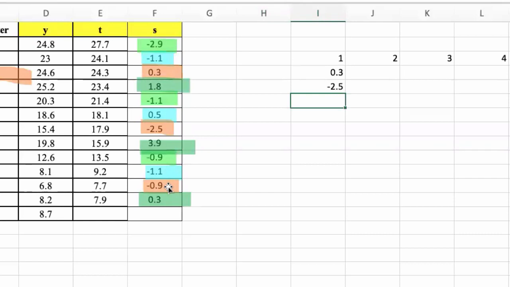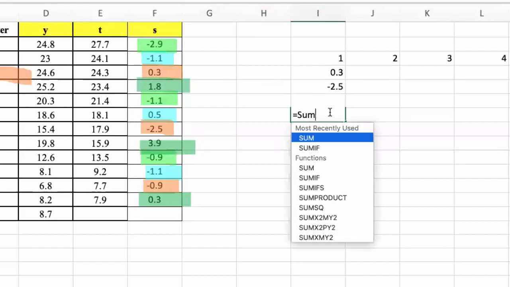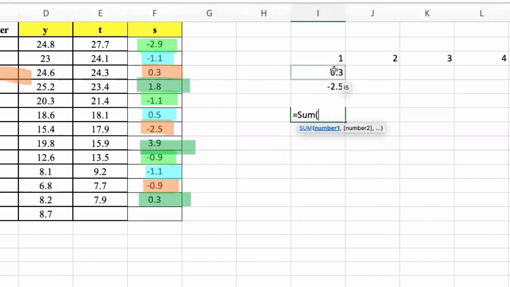And my next one is minus 0.9. I'm going to get a total. Don't mind the formula that I'm putting into Excel here, but I just need to sum those 3 up. I have a minus 3.1. So this is the average seasonal change for all of quarter 1s.